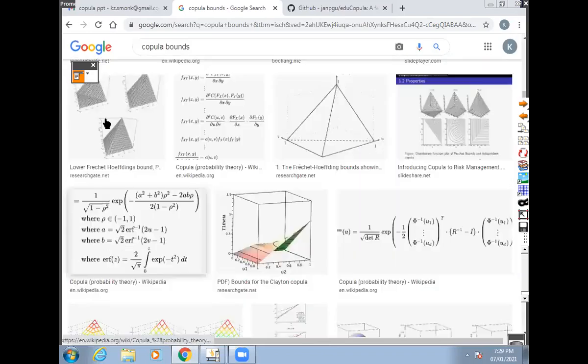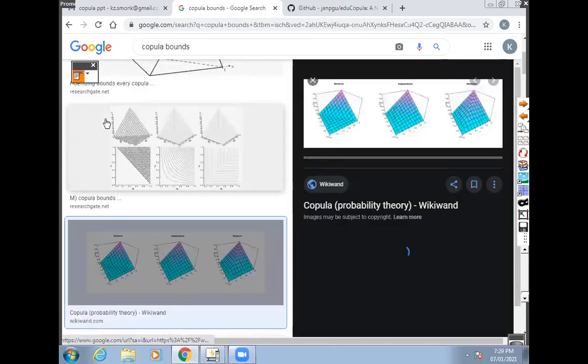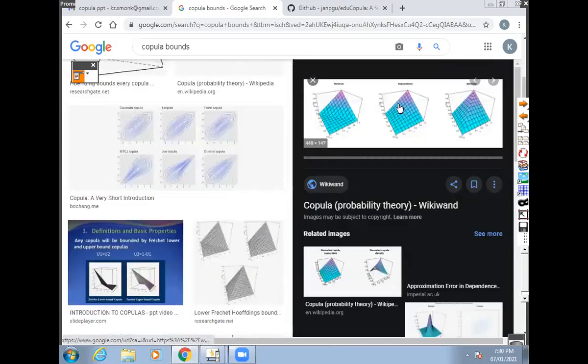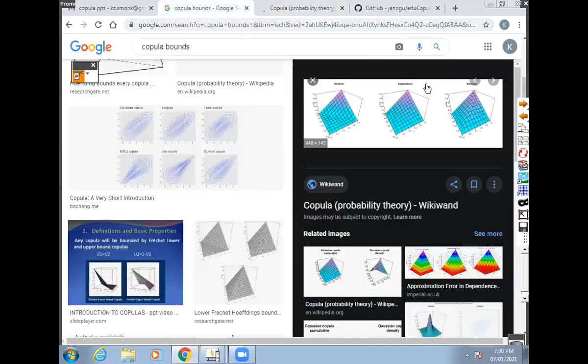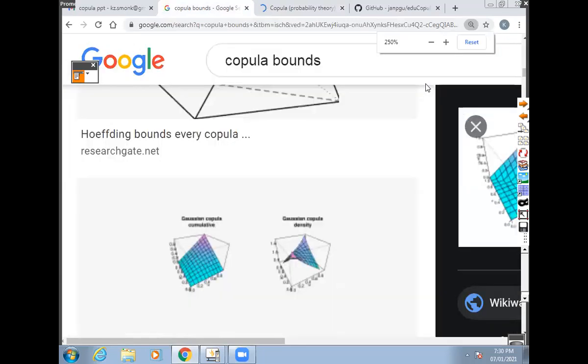Yeah, so if you have a look at this graph, do you see the flatness here a bit?